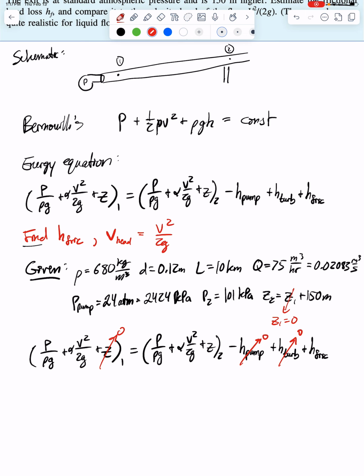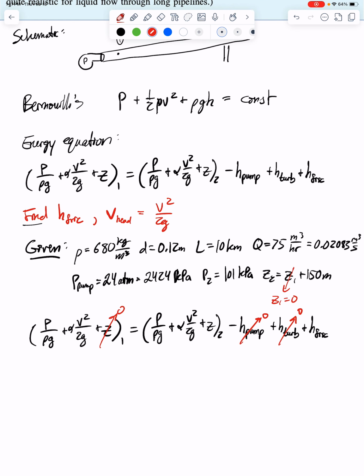Given that our pipe has a constant cross-sectional area, we can also assume constant velocity between point 1 and point 2 because the flow being driven is steady at that same speed. Therefore, when we do the energy balance equation, we'll see that the velocities will also cancel out. In regard to the alpha term in front of the velocity head term, I'll talk about that more in the next problem.